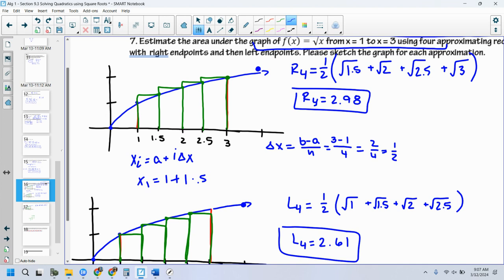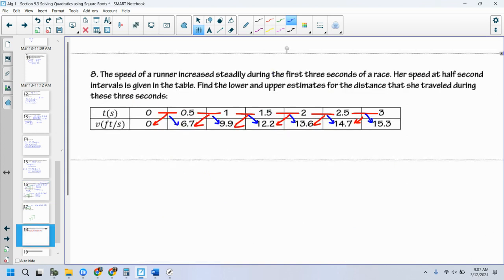The left side used the first, but not the last. Used 1, but not 3. It's really going to be true with this as well. This under approximation is going to use 0. The red is going to use 0, but not 15.3. The blue is not going to use 0, but it's going to use 15.3. So that's where I get my 2 different answers here.